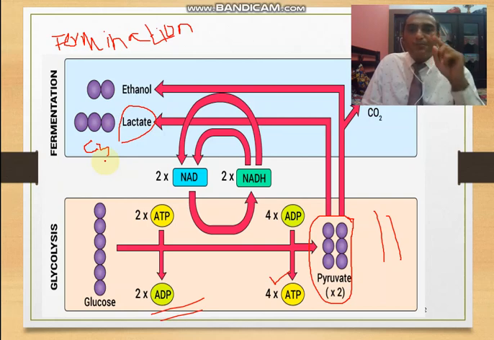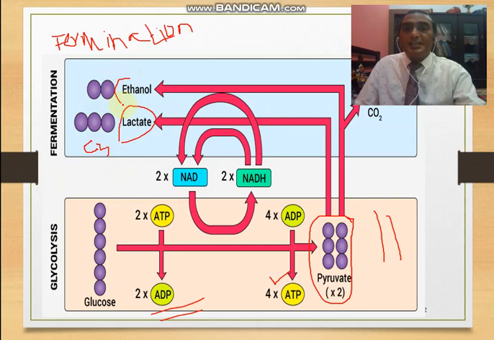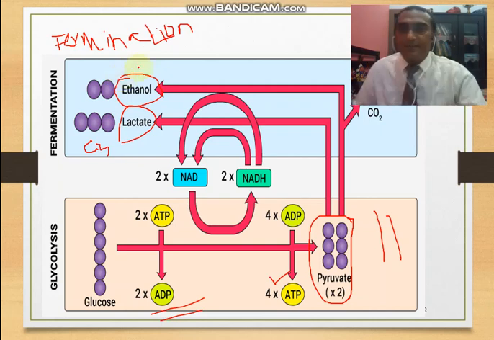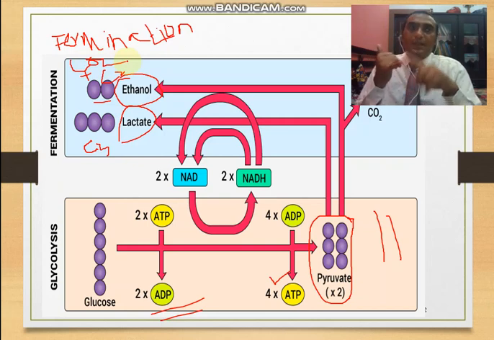The other one is ethyl alcoholic fermentation, which means alcohol plus carbon dioxide. Ethanol is a two carbon compound, and it also produces carbon dioxide. How does it occur?